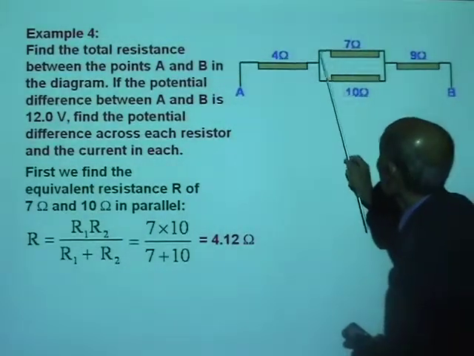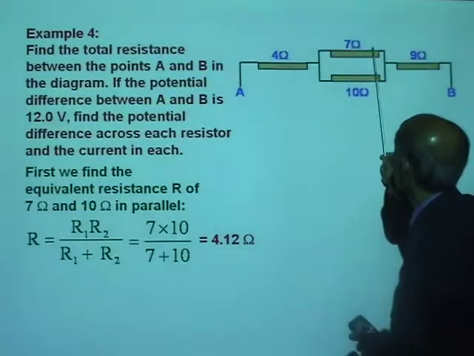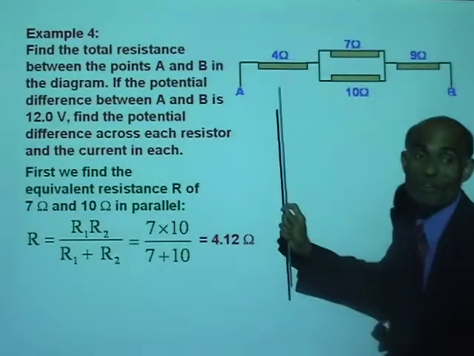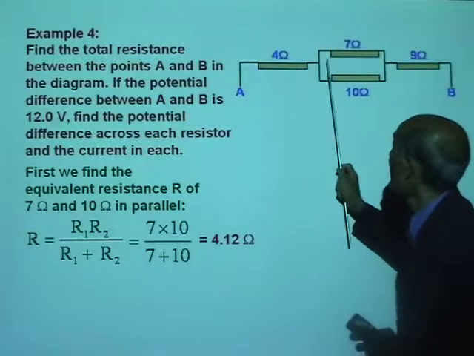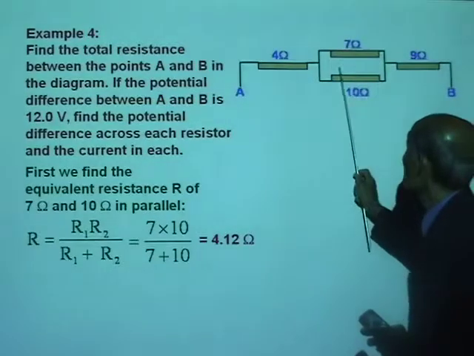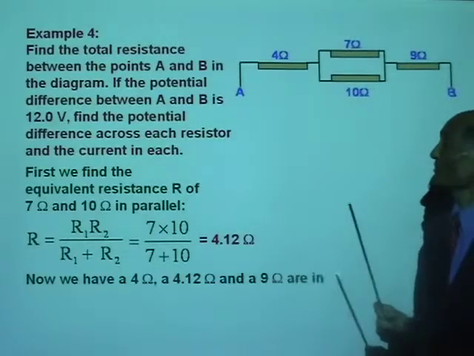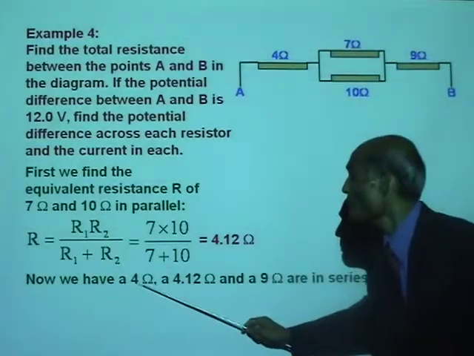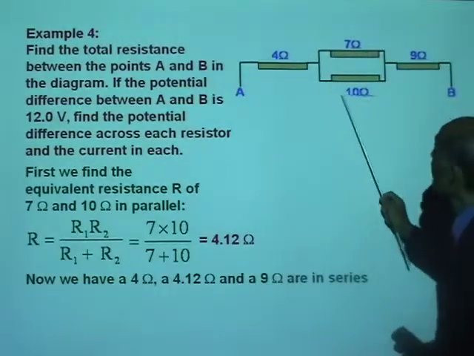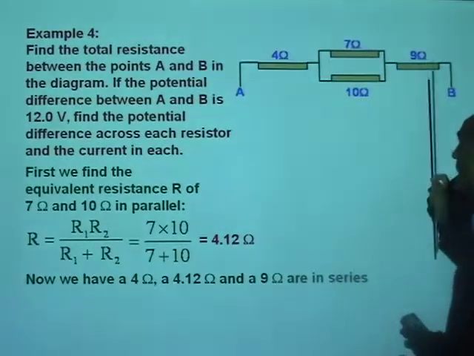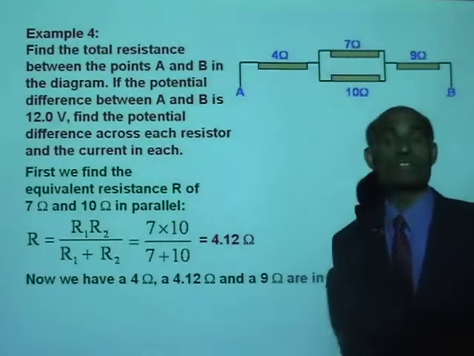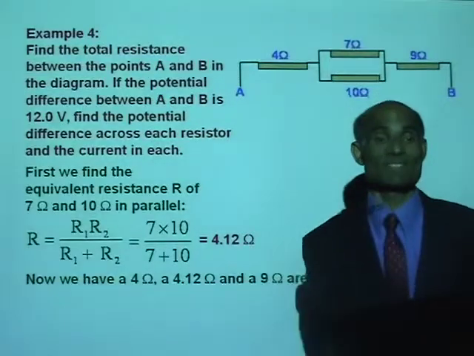So this is now 4.12 ohm. This is now equivalent to a 4 ohm, a 4.12 ohm, and a 9 ohm in series. What is the total resistance?